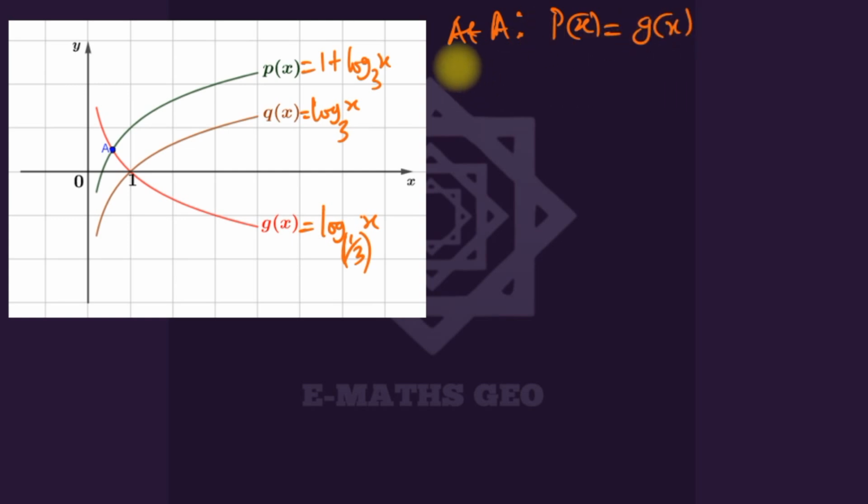So 1 plus log base 3 of x equals log base 1 over 3 of x.